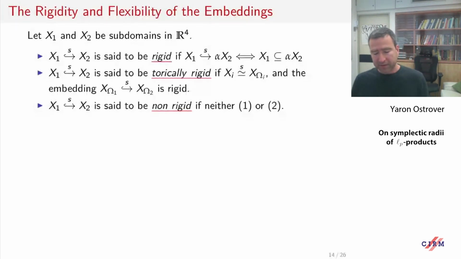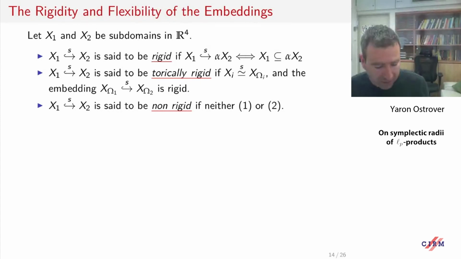Okay, so suppose we have two subdomains in R4. So we say that the symplectic embedding question of X1 into X2 is rigid if one cannot do better than the inclusion. There is just nothing better that can be done other than the actual inclusion.